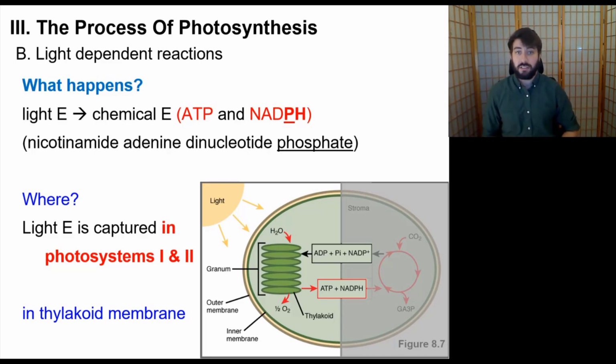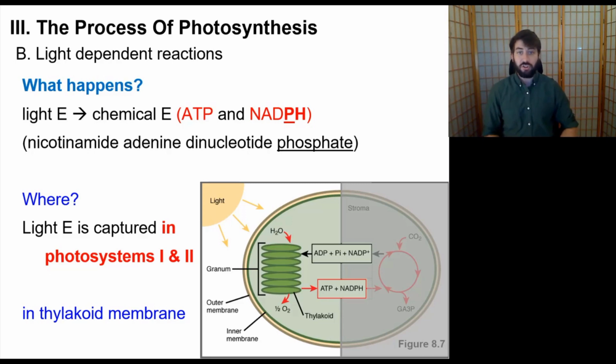This process of harnessing light energy to create ATP and NADPH takes place through a series of proteins embedded in the thylakoid membrane known as photosystem 1 and photosystem 2.